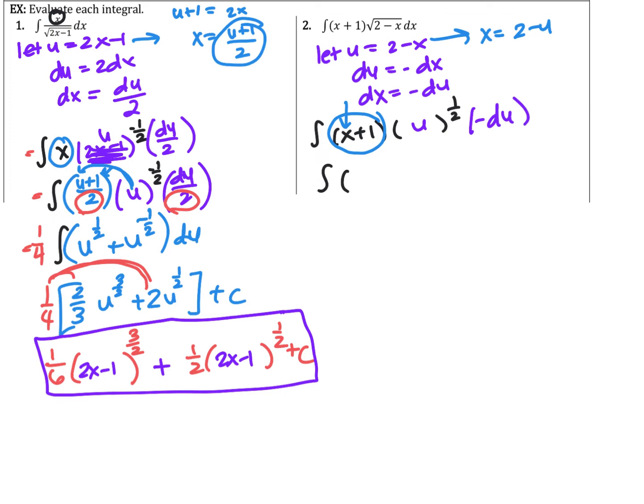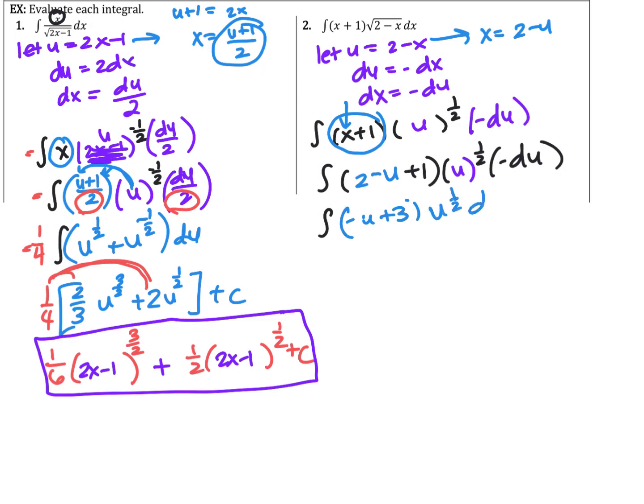So the integral of (2 minus u plus 1) times u to the power of 1/2 times negative du. And I'm going to simplify just one more time before I integrate. This is going to become (negative u plus 3) times u to the 1/2 power du.